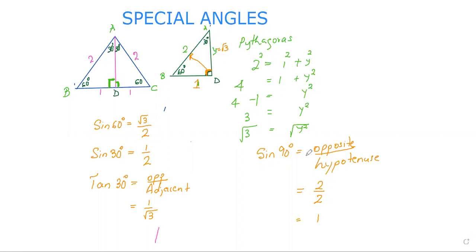Now, we can draw another triangle. We're going to draw an isosceles triangle.